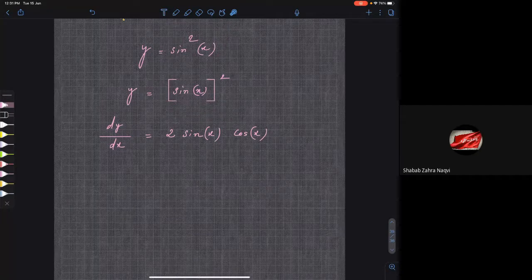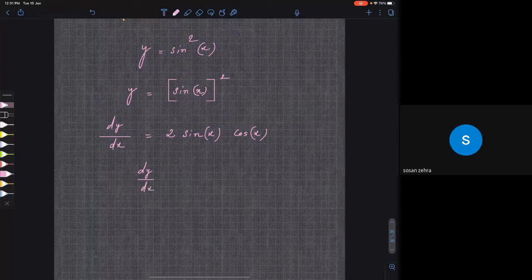But what is 2 sin x cos x? Tell me. Sin 2 theta. Sin 2x. If it is theta, you write theta. If it is x, you write x.